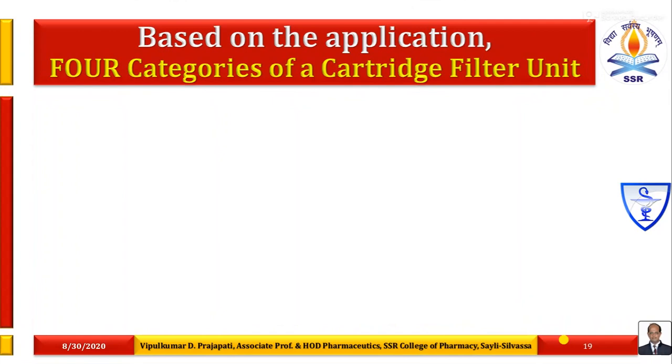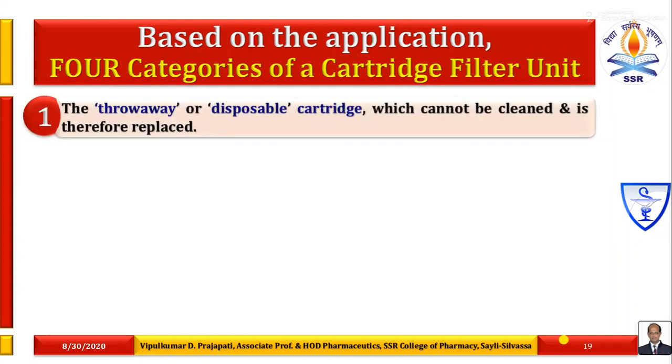Now, based on the application, 4 categories of cartridge filter units are available. The first is known as the throwaway or disposable cartridge, which cannot be cleaned and is therefore replaced.